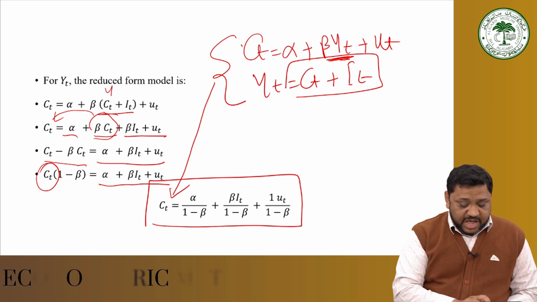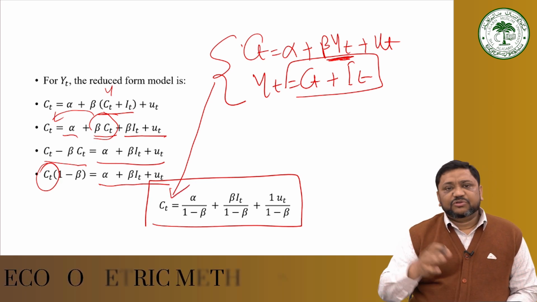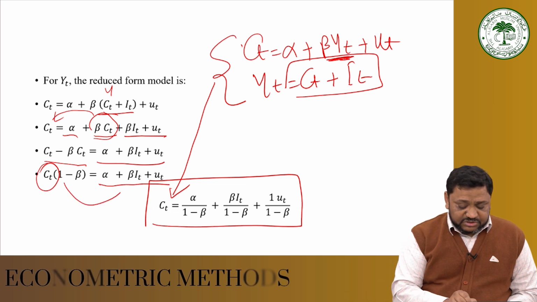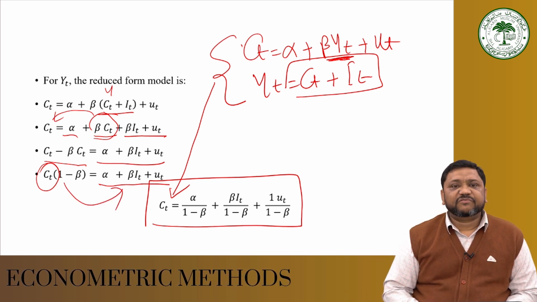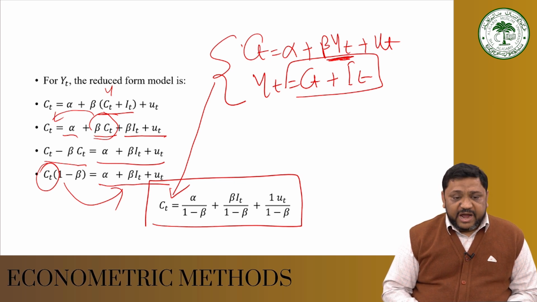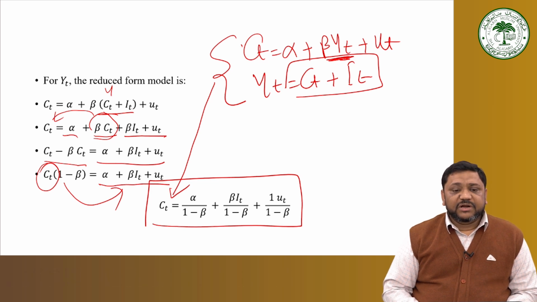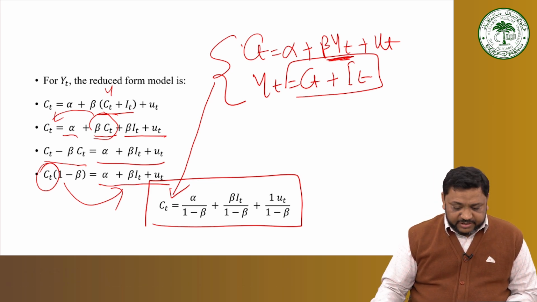I take 1 minus beta to the right hand side, and it will come in the denominator. So Ct is equal to alpha divided by 1 minus beta, plus beta it divided by 1 minus beta, plus ut divided by 1 minus beta.